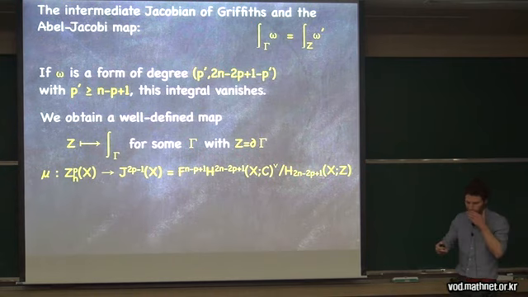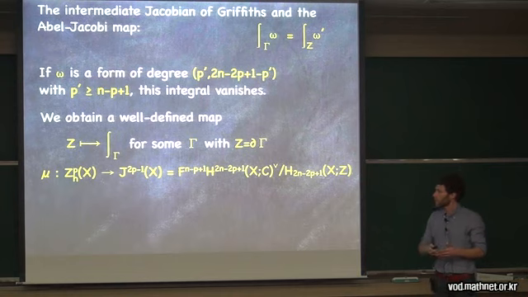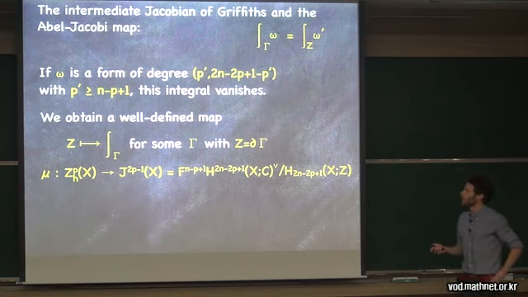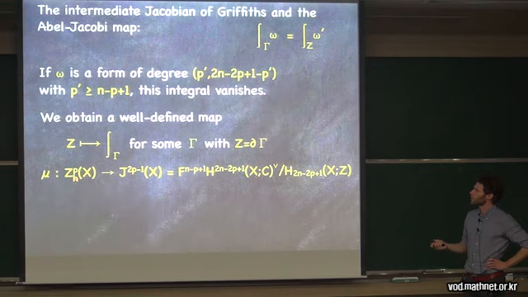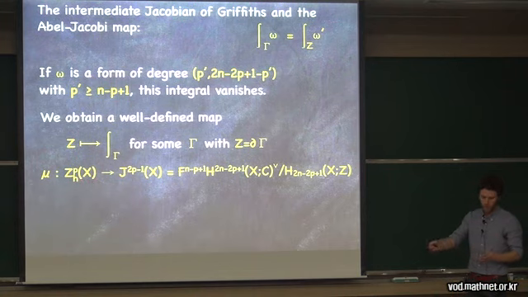That corresponds exactly to the situation we had before for the Jacobian of a curve, where we had to mod out by some lattice which was given by the periods. And here I write Z^p_hom, where I collect all the codimension p subvarieties, and hom means they are the boundary of something else.